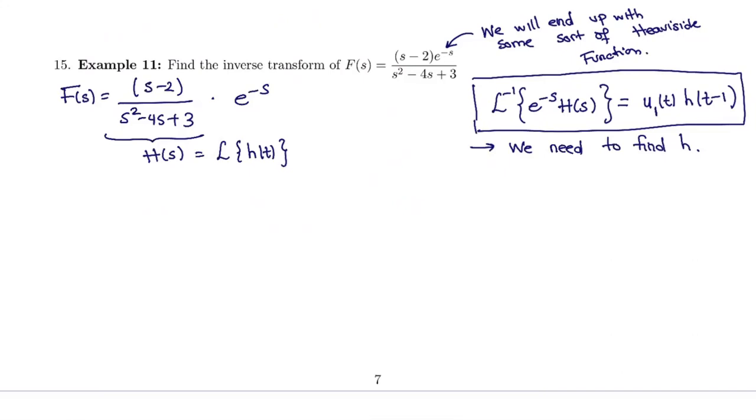We want to find the inverse Laplace transform of h of s in order to recover h of t. And so in order to do that, I'm going to use partial fractions to split this up. I know that I can use partial fractions in this particular case because of the fact that I can factor the denominator. And so when I factor the denominator, I will end up with a all over s minus 1 plus b all over s minus 3.